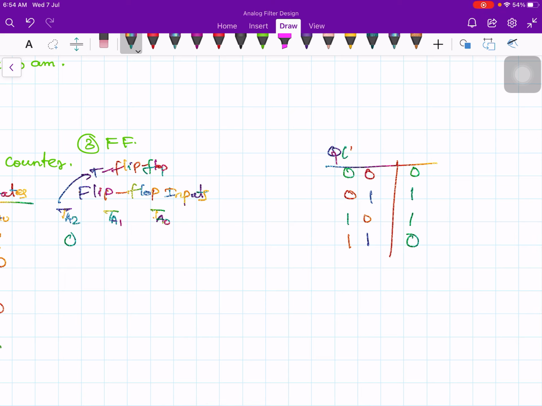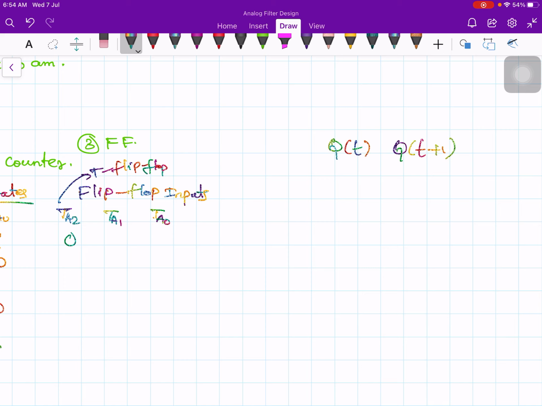See, present state is Q of t and next state is Q of t plus 1. This is T A, input to the flip-flop. Now 0 to 0, no change. When there is no change from present state to next state, the input must be 0. As long as the input is 0, there is no change in the T flip-flop.